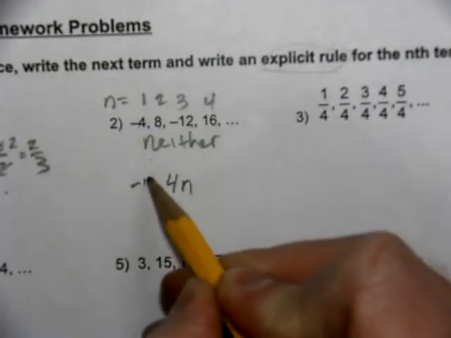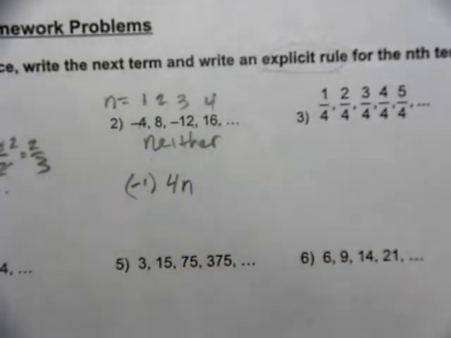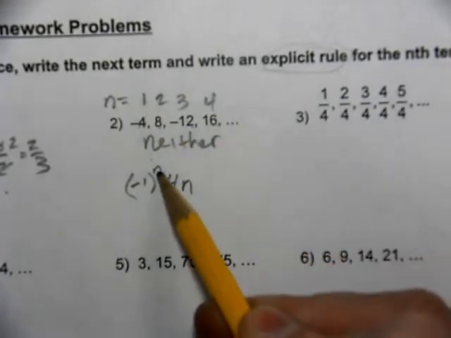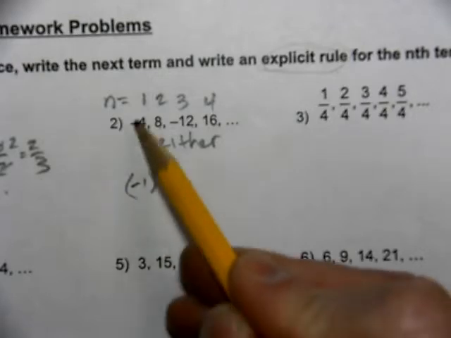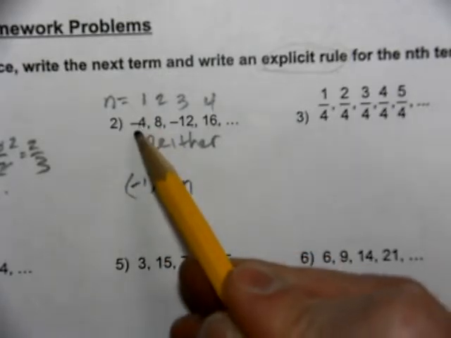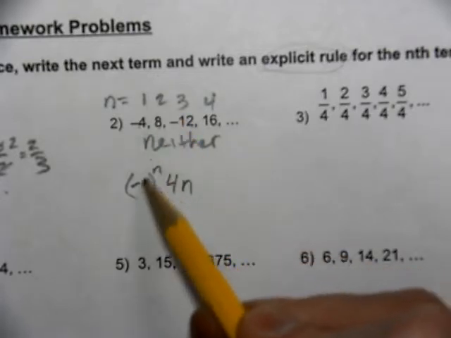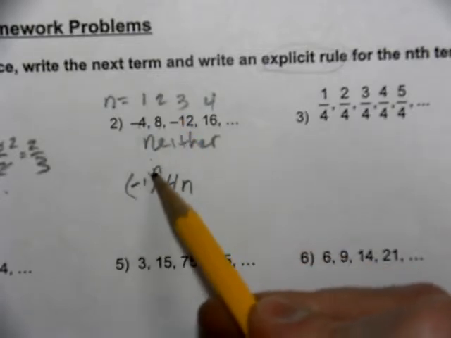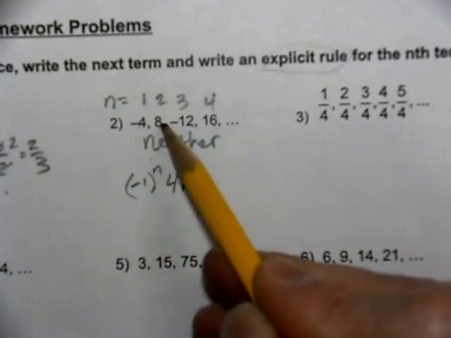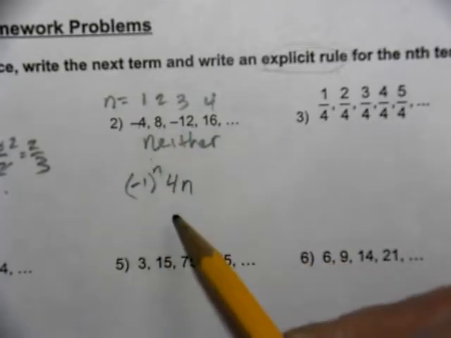So one way we can handle this is by putting a negative out in front, and in the first one we plug a 1 in, so it's negative 1 to the first power, which is negative 1 times 4n. Gives me a negative. The second time we have squared, so a negative squared becomes a positive, and a positive times 4n gives us positive 8.